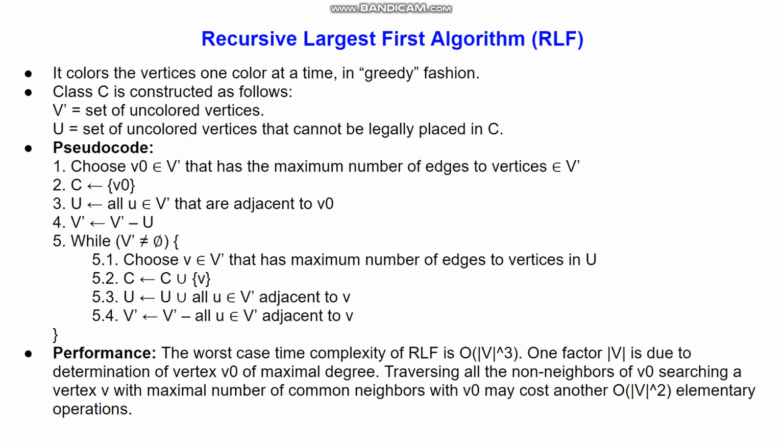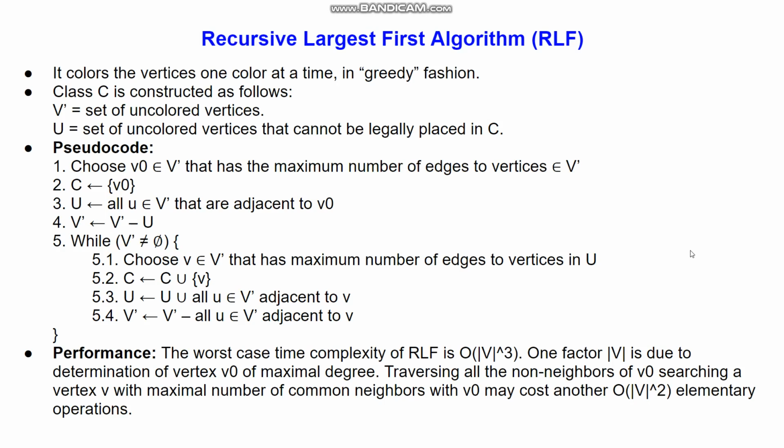In particular, the first vertex placed in color class C is the one with the maximum number of uncolored neighbors, and the next vertices placed in C are chosen so that they have as many uncolored neighbors which cannot be placed in C. Also, it is important to keep in mind that the greedy choices can have a significant impact on the performance of the algorithm.